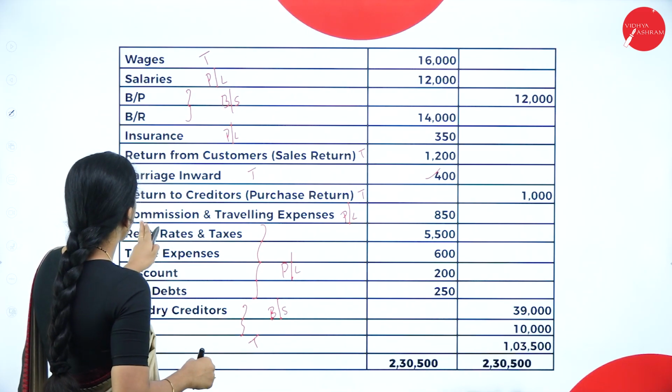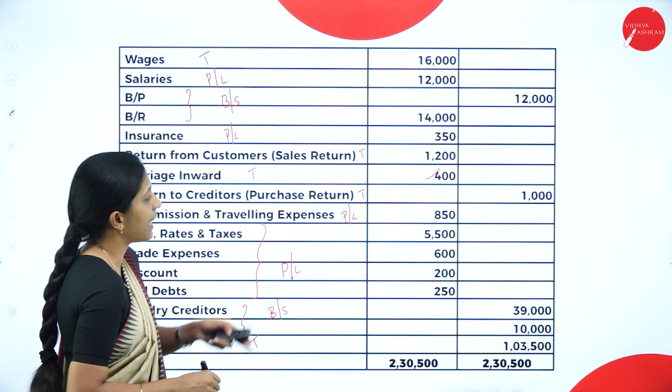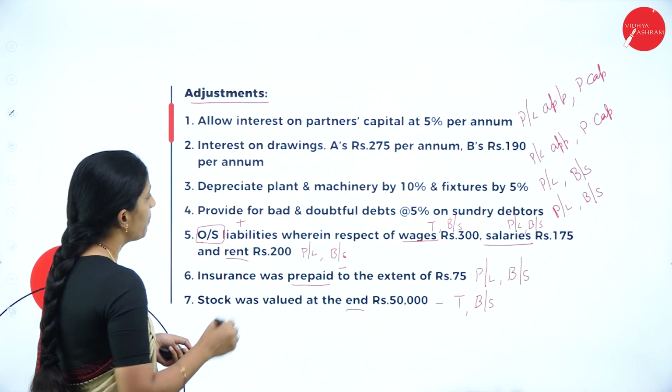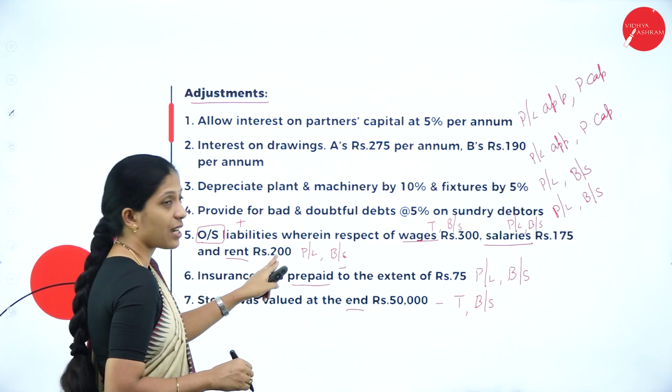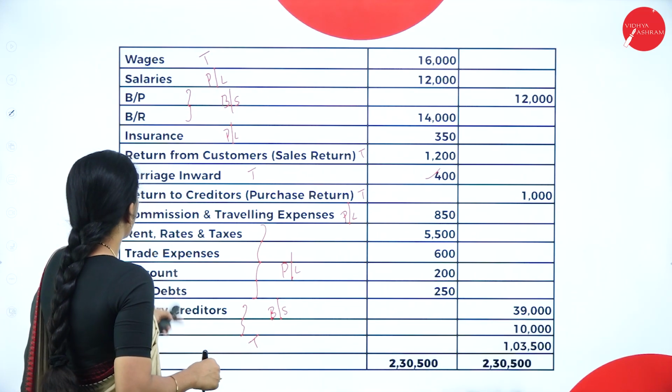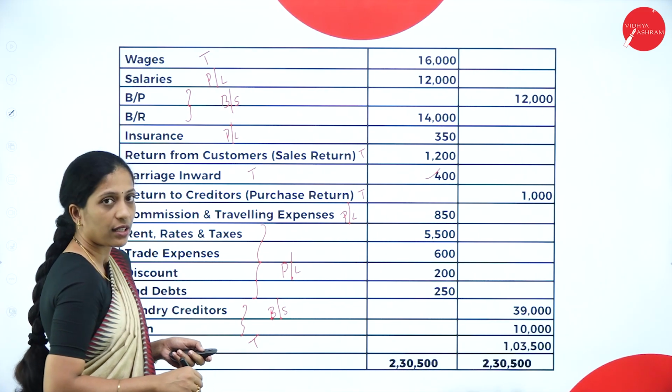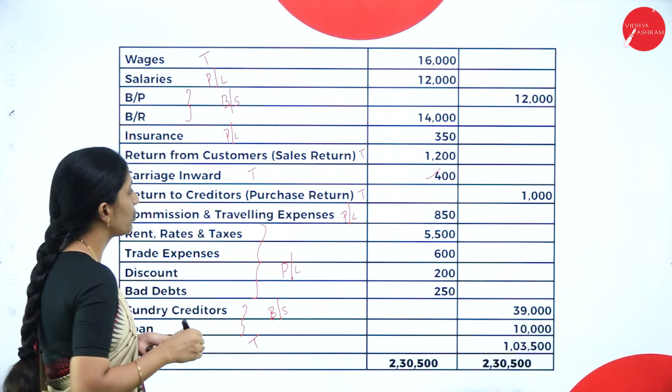Next is what? After commission, to rent rates and taxes 5,500, but we have an adjustment that is outstanding 200. So how do you write? To rent rates and taxes 5,500, add outstanding 200.